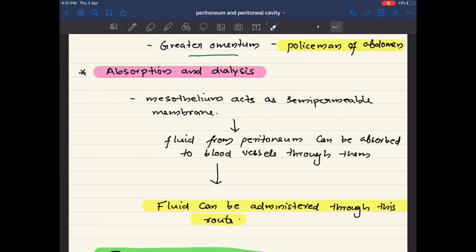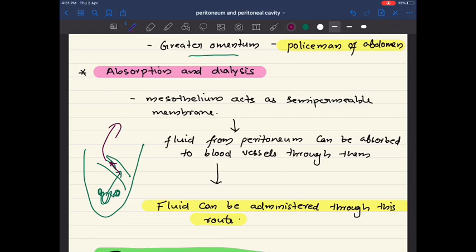If this is your abdomen, here you have some fluids, and you have peritoneum here. These fluids can be absorbed into this peritoneum, and this peritoneal fold contains, as I told you before, blood vessels. So this will be absorbed into the blood vessel and carried to our circulatory system.